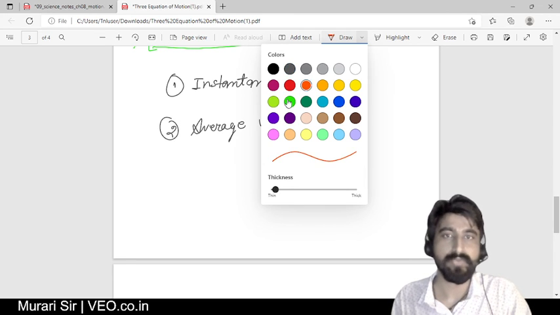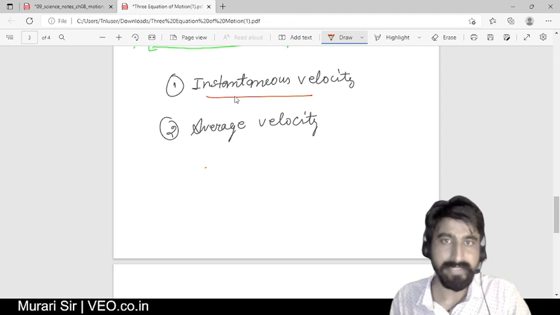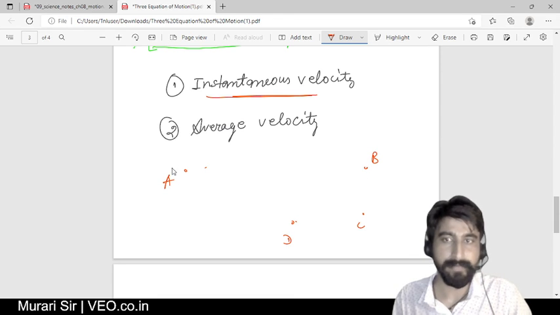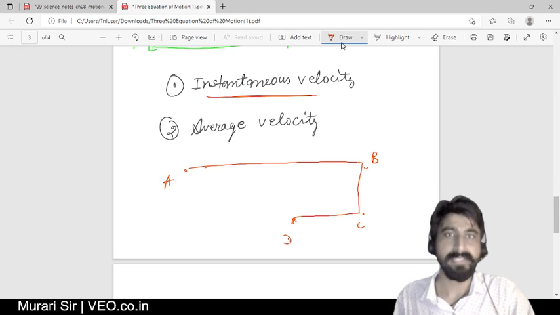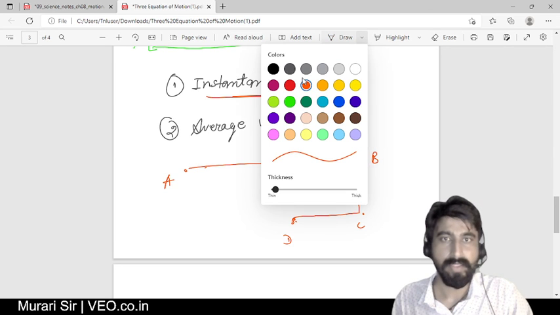So what we have to understand here, instantaneous, for example, there is a complete journey. I'm taking some examples here. This is point A, B, C, D. First, someone is going from A to B, then B to C, then C to D.